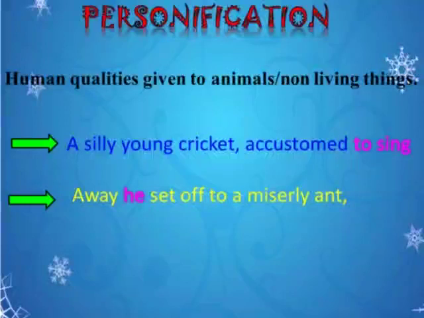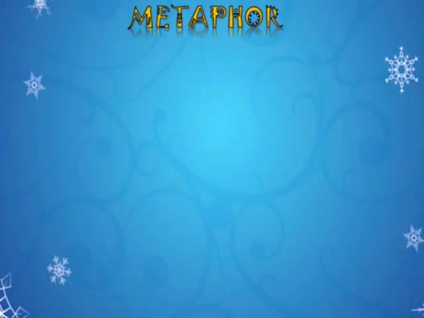I, he, she: we use them to refer to human beings. But here in this poem, the poet is using he for a cricket. So it is an example of personification.